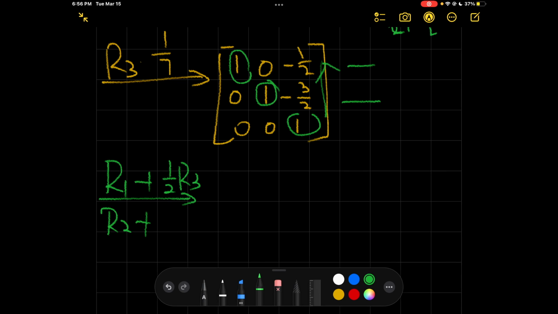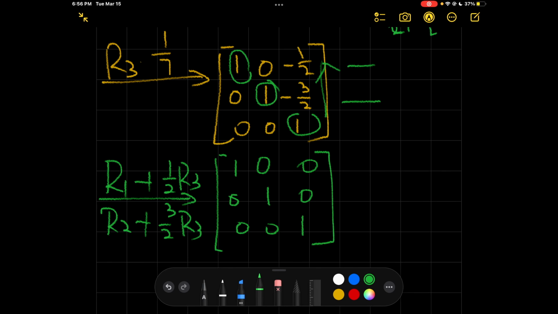Just plus 3/2 of row 3. What we can get is 1, 0, negative half plus half, which is 0, and 0, 1, 0, and 0, 0, 1. So we have the identity matrix, 3 by 3, as the answer of question 31.